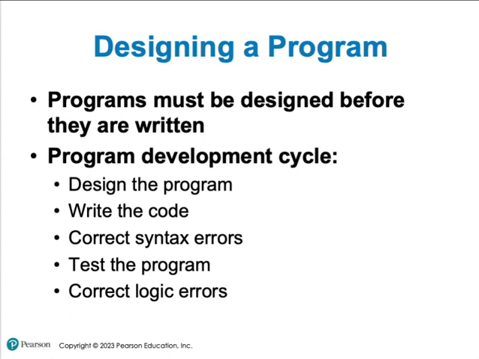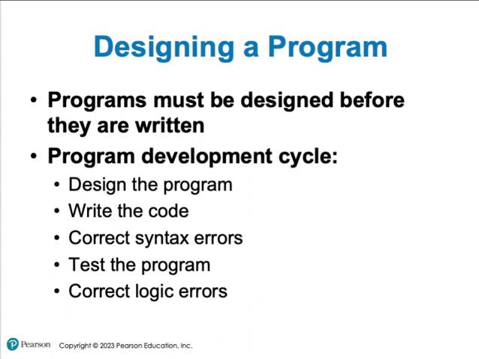So you would then need to correct any of those syntax errors, try to run the program again. Once you eliminate all the syntax errors, you're going to test the program by giving it, for example, different sets of inputs. If it's performing a calculation, different input values, so that you get different, hopefully correct output numeric values.